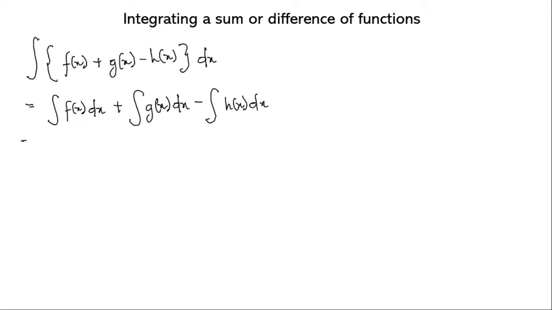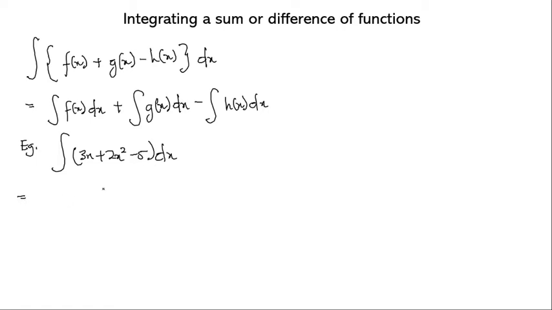Alright, so the first example we want to look at is we are to integrate the function 3x plus 2x squared minus 5 dx. We can see that this is of the form that I've given over here. So let's go ahead and look at how to integrate this.